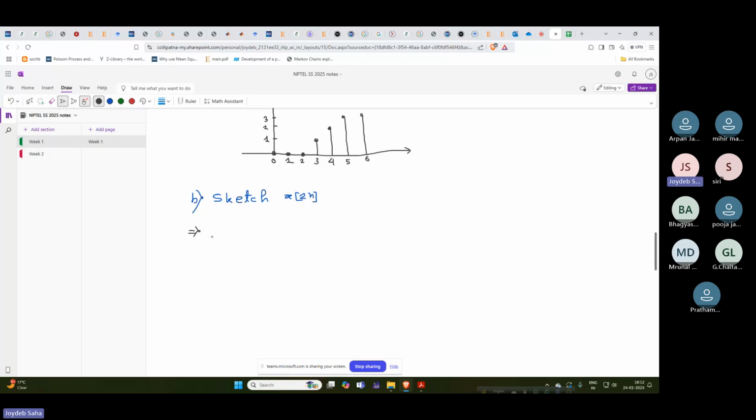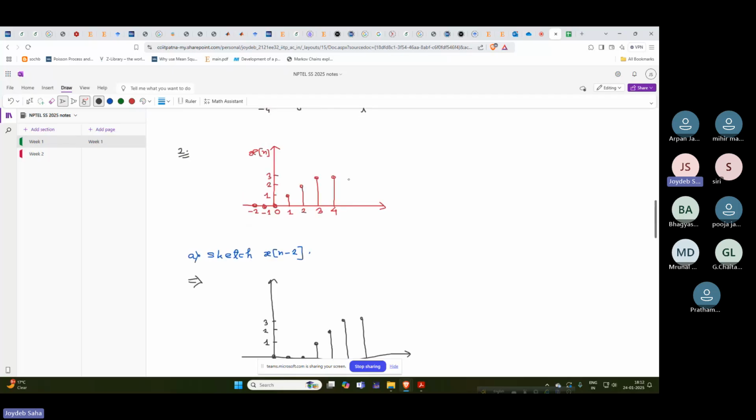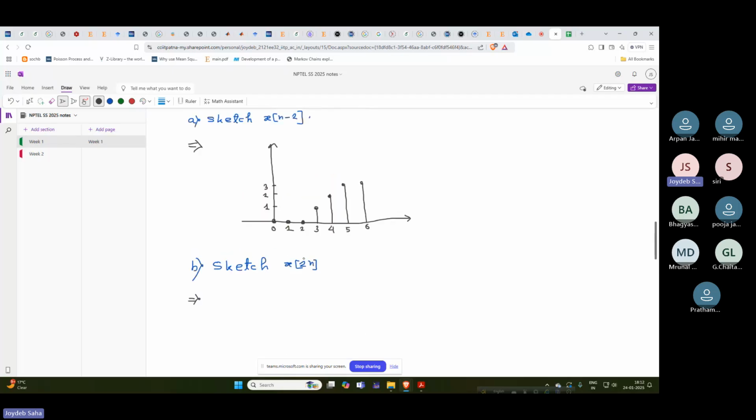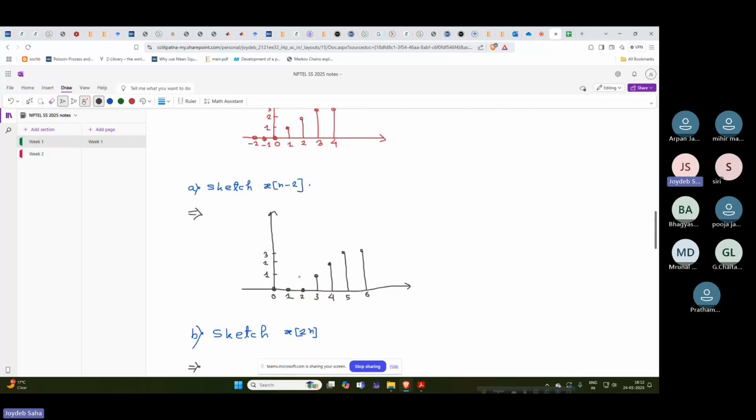It will be similar to the continuous domain. This is the x(n), and we need to draw x of 2n.